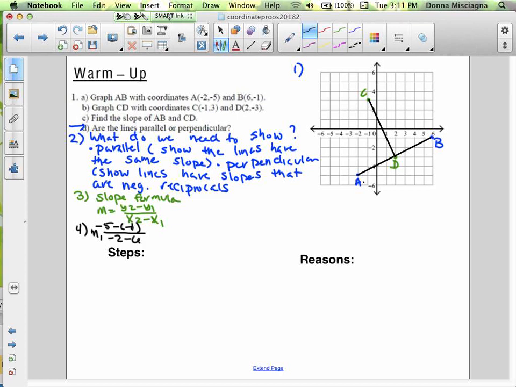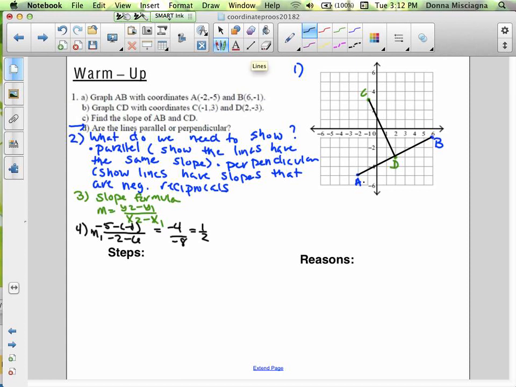All right, let's simplify that. So negative 5 minus a negative 1 is negative 5 plus 1. That's going to be negative 4. Negative 2 minus 6, that's like a negative 2 plus a negative 6, that's going to be negative 8, and that would be 1/2. Right, so reduce to lowest terms.